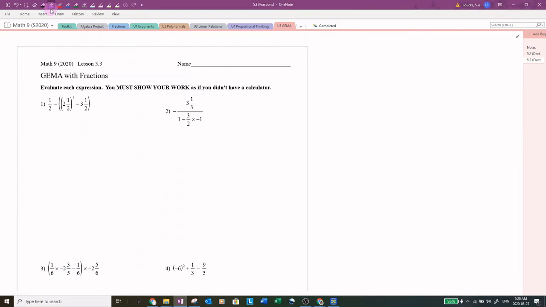So for question one, you know that I really am insistent that each line equals each line. So I'm going to recopy this. And I'm going to take care of this exponent. Oh, actually, the first thing I'm going to do is change them all to improper fractions. That's the first thing I'm going to do.